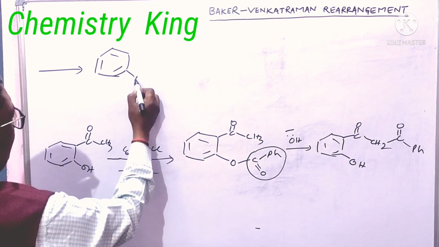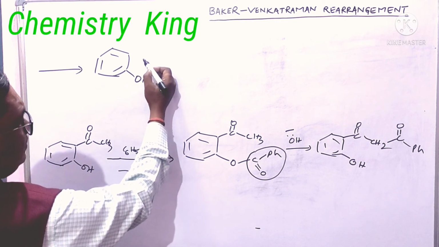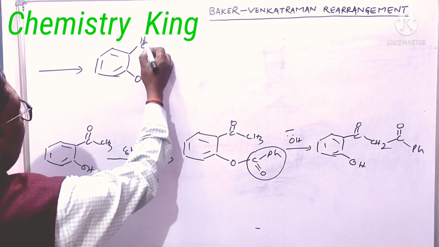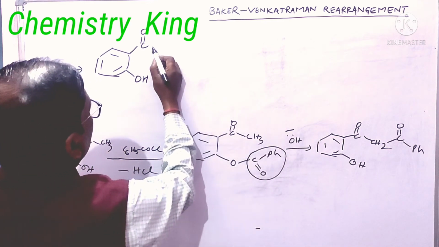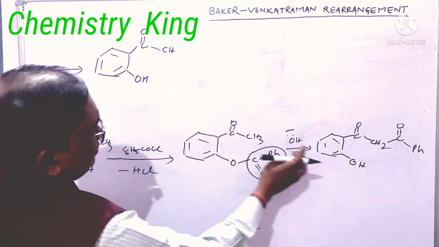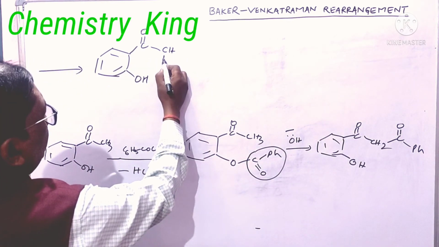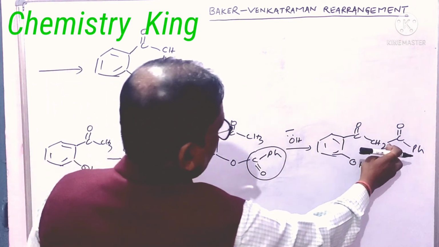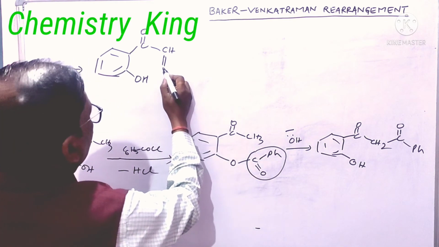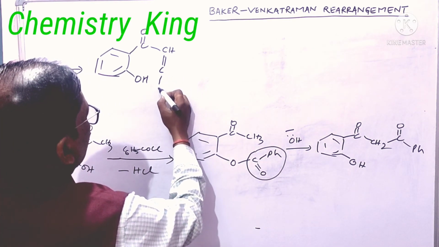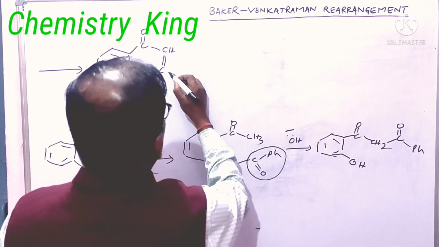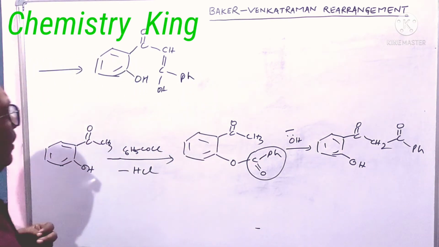This OH, C double bond O, CH2, right here CH, and the double bond will be here. Okay, this is C and this is OH and this is Ph. You will get this.